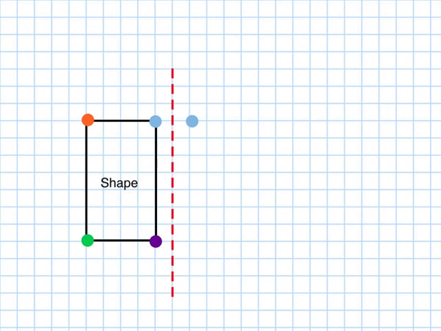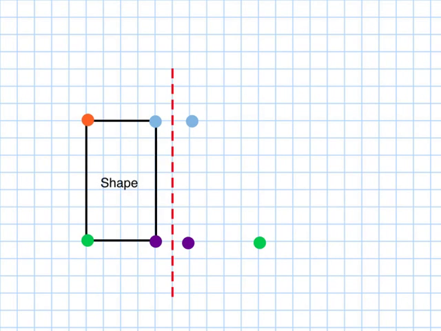Same thing with our purple vertex. It's going to be directly across in this position over here. Our green vertex is 1, 2, 3, 4, 5 spaces to the left of the line of reflection. So it'll be 1, 2, 3, 4, 5 spaces to the right.